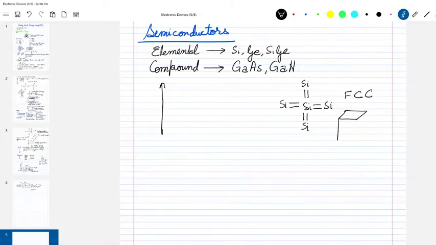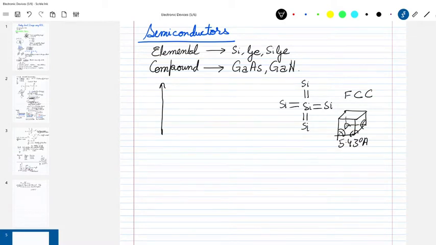This is a lattice with a lattice constant of 5.43 angstrom, and there is 1/8 atom here, 1/8 atom over here, 1/8 over here.